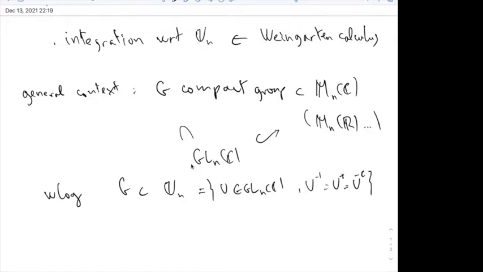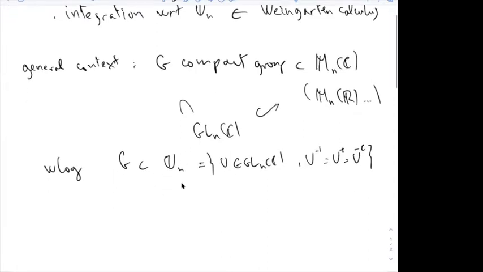The reason is that every compact subgroup is contained in a maximal compact subgroup, which itself is conjugate to the unitary group. There are other ways to show it, but this is one way.